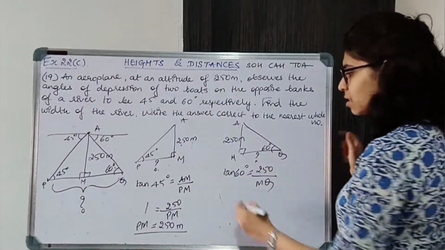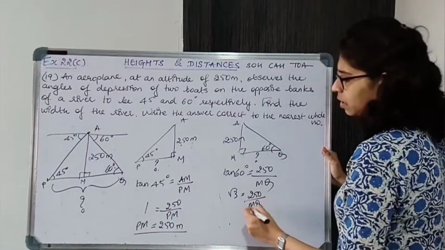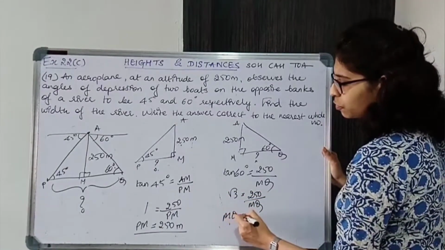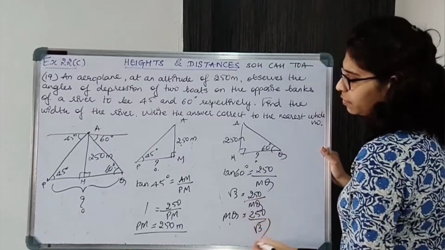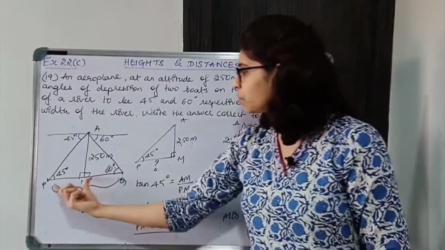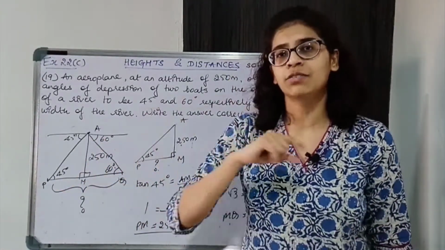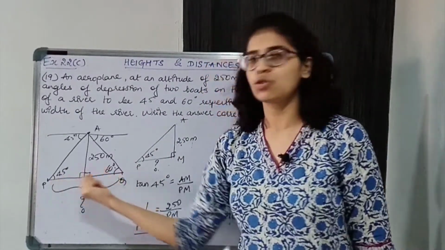Tan 60 is √3 from the standard value table. Shift MQ, shift √3, solve this. So you will get the value of MQ. Once you get MQ and PM, just add and you will get PQ, that is the width of the river. PQ is the portion between the two boats which is the river.